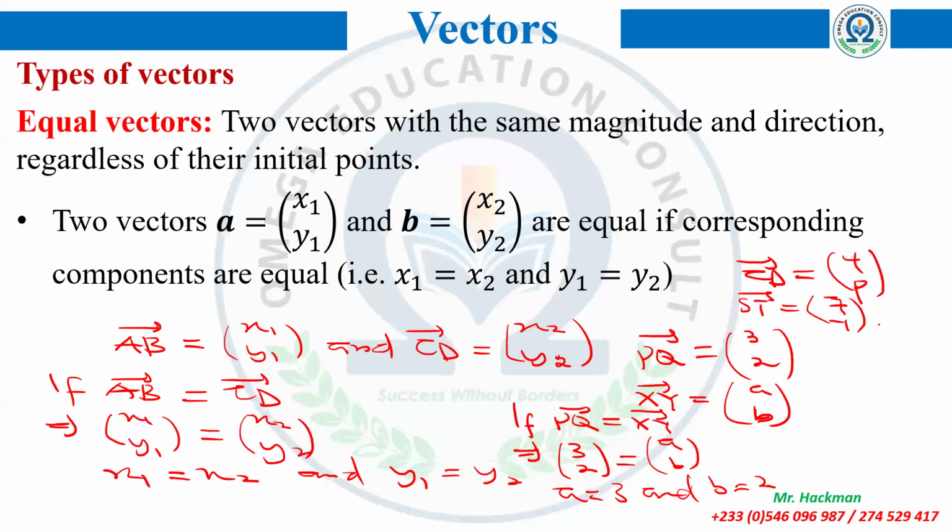What do you think will be the values of P and Q for the two vectors to be equal? If you get it, then we can move on to the next slide. Then I know that going forward, my work is going to be very easy. What would be the values of P and Q? Just look at it and tell me. You should be able to do so.